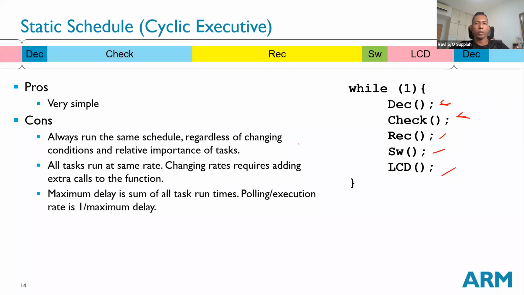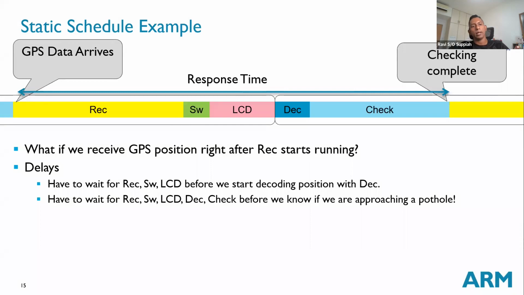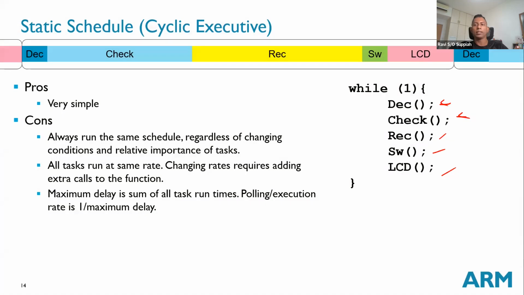Will it work? Yes, it will work, but how well it works is another question. How responsive is it going to be in terms of giving you up-to-date real-time notification? It can work, but how effective it is is another issue. The issue is, what if the GPS data arrives right after I pass the decode function? If I look at this sequence, the decode is the one that is supposed to process the GPS data.